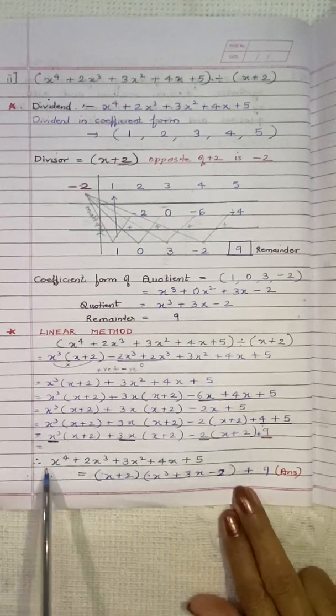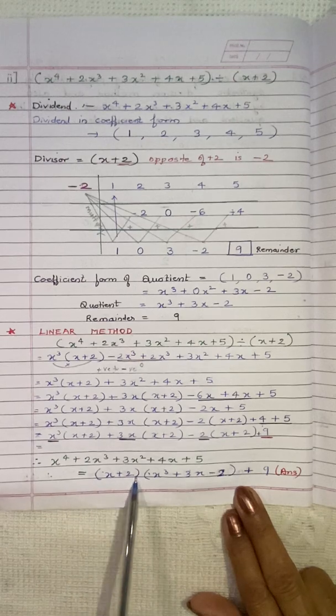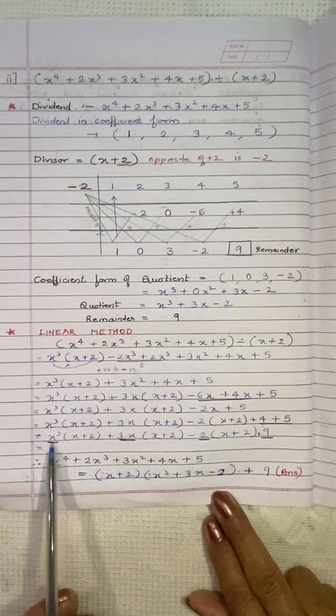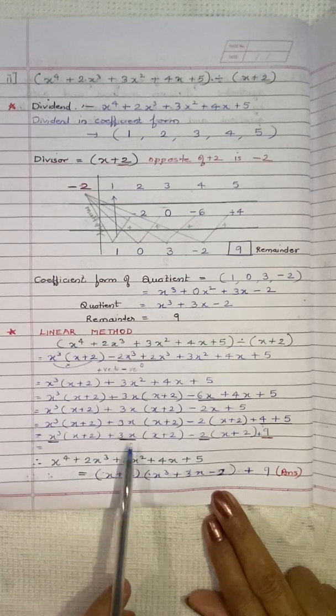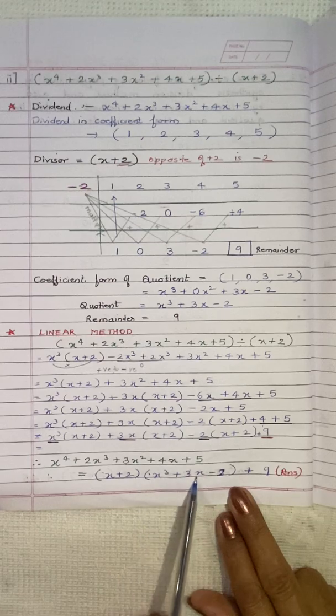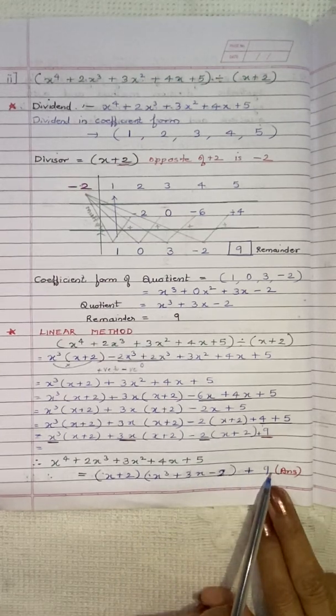Now the expression, that is dividend, is equal to divisor x plus 2 into quotient. Now what will be the quotient? X cube plus 3x minus 2 will be the quotient, and the remainder is 9.